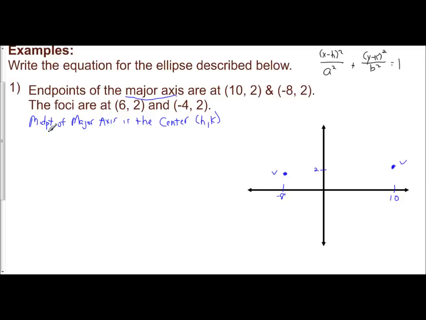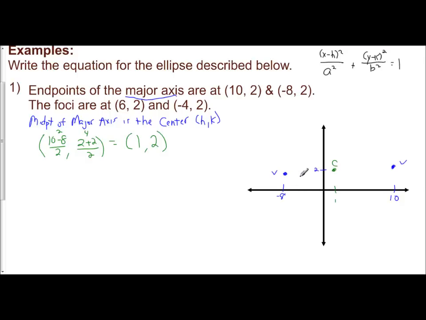So I can do 10 plus negative 8, so 10 minus 8, divided by 2, and then 2 plus 2 divided by 2. Well, 10 minus 8 is 2, 2 plus 2 is 4, so 2 divided by 2 is 1, and 4 divided by 2 is 2. So my center is located at the coordinate (1, 2).